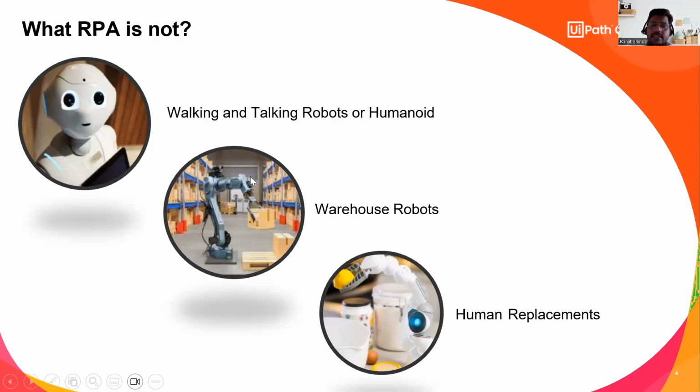Warehouse robot is nothing but a robot picking heavy material. Then next, human replacement, it doesn't replace the human, correct. So RPA is not talking and walking like this, it is not picking heavy loads, and it is also not doing human replacement.